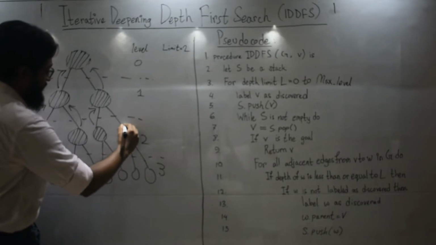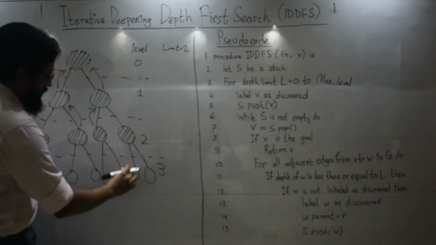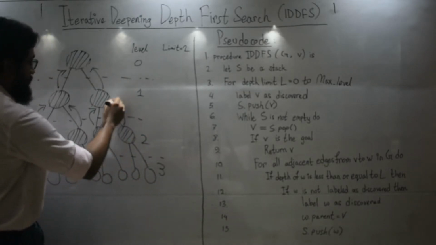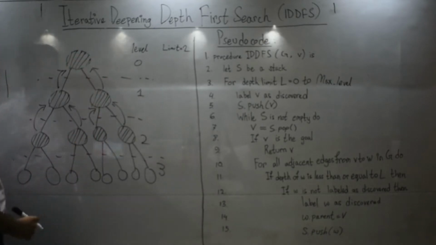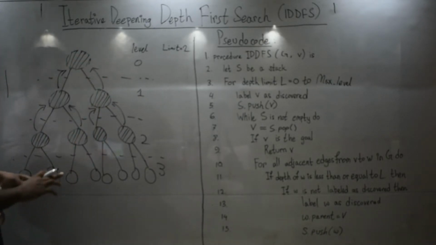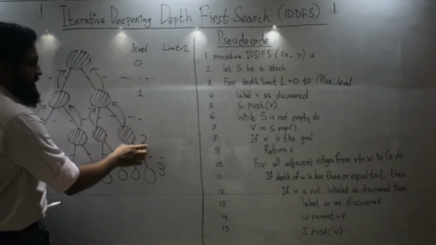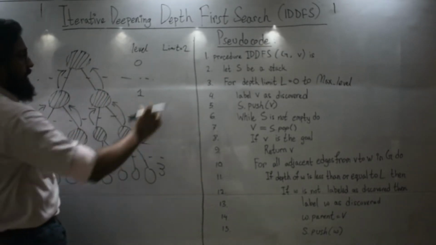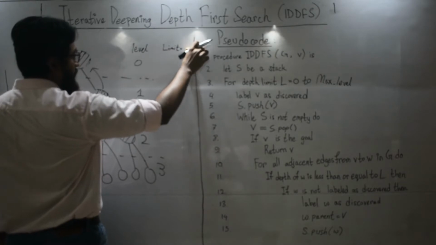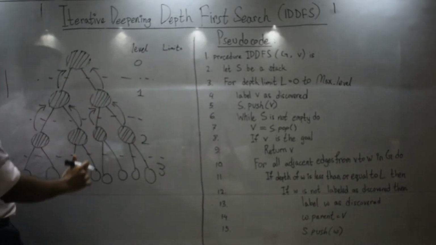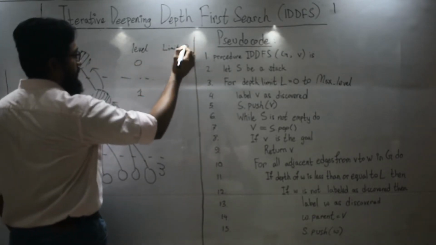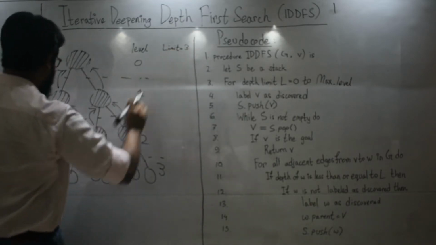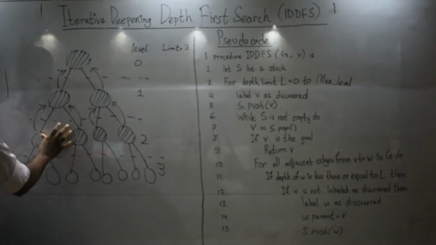Then from here we will visit this one. And we cannot visit these. We will backtrack. Then we'll backtrack. So after my limit 2 has been completed, now I will again do the entire process with my highest limit, which is 3. Let me show you.